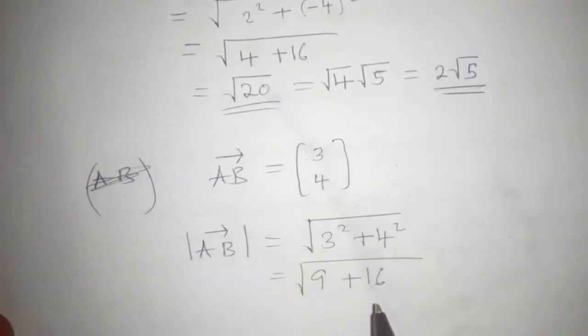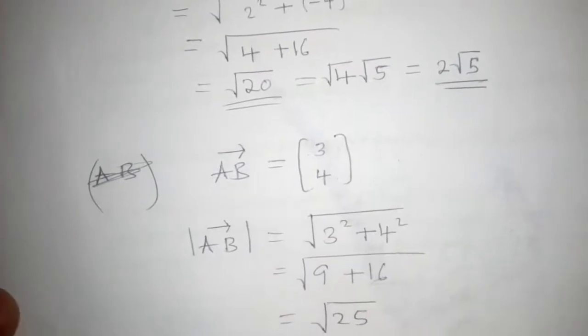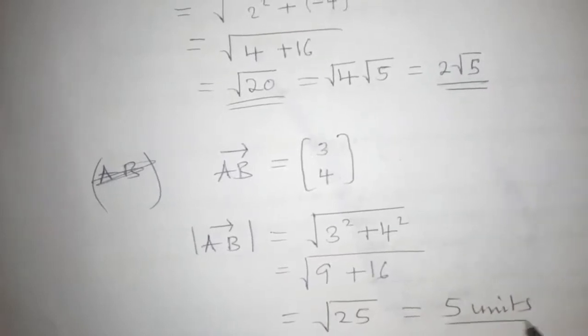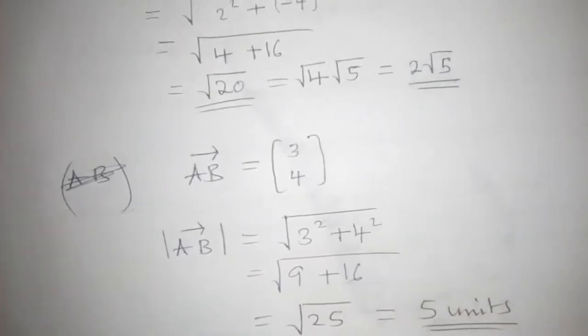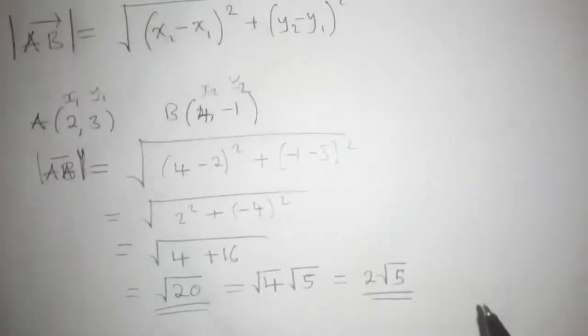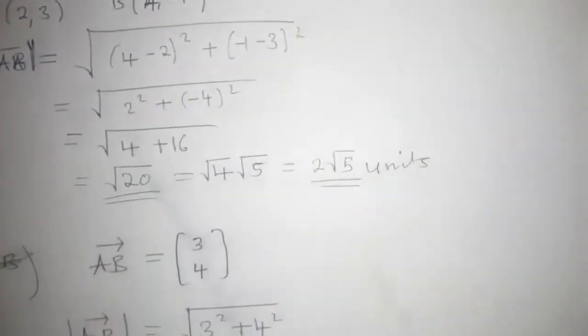What is 9 plus 16? It is 25. Root of 25. What is the root of 25? It is 5 units. So you need to put that. They are units, because since it's length that you're dealing with, you put units. Even here we're supposed to put units. So this is what you do.